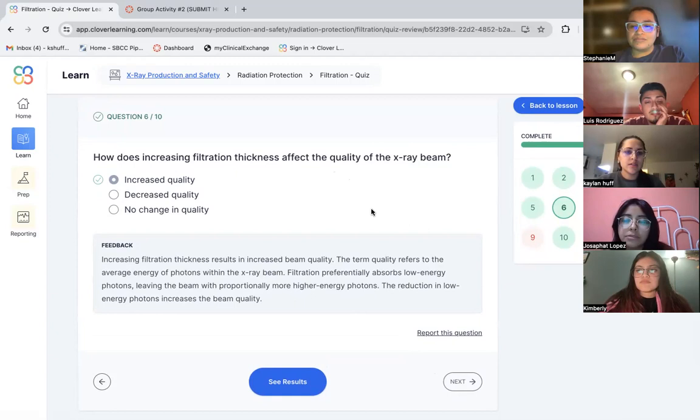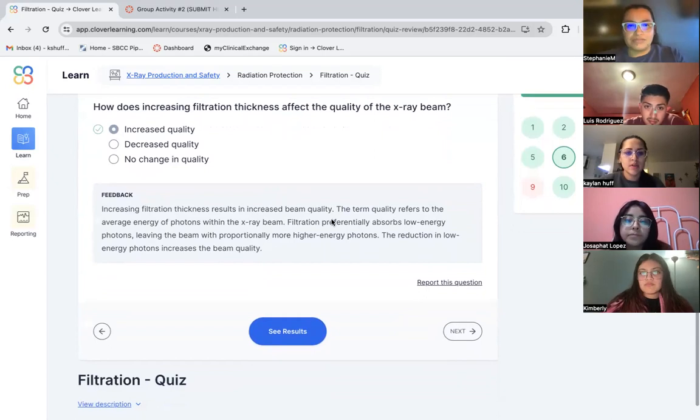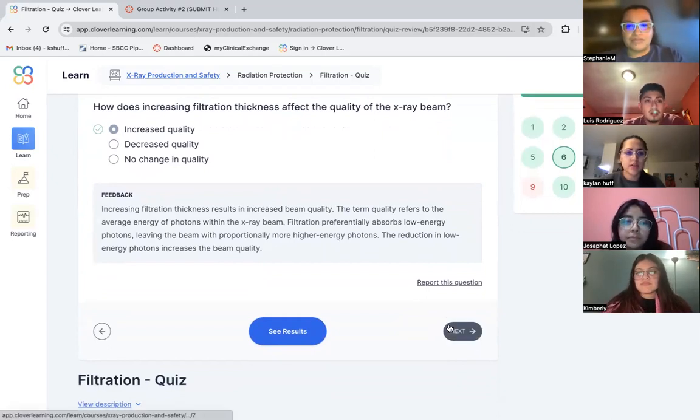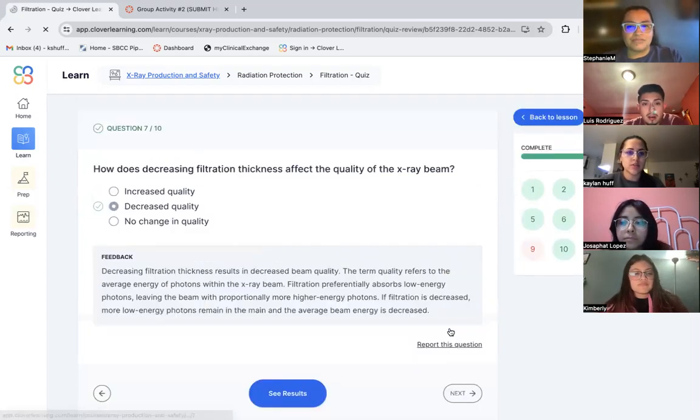Yeah, I think just because it absorbs the low energy photons, it means the beam that's remaining is of a higher quality. All right. I think the next one's kind of similar too. So if we decrease filtration thickness, what will it do to the quality? Decrease quality.